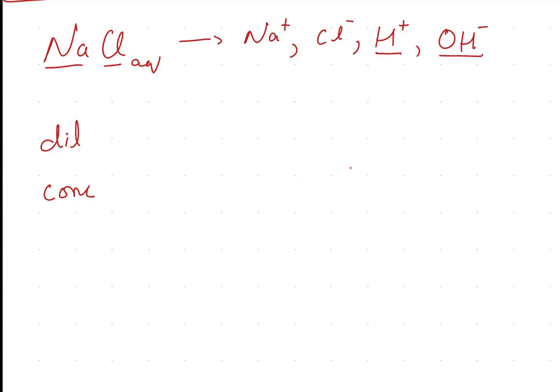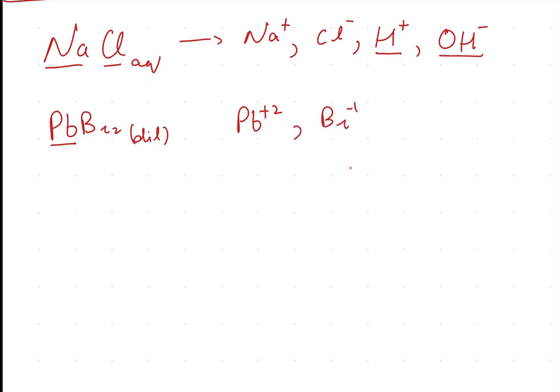For example, if there is a solution of lead bromide and it is diluted, what ions are present? Pb, lead, has a 2 plus charge. Bromide, Br minus 1. Some students get confused: sir, in the formula there are two Br, so why are you writing only Br minus?